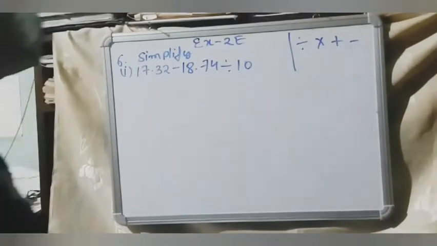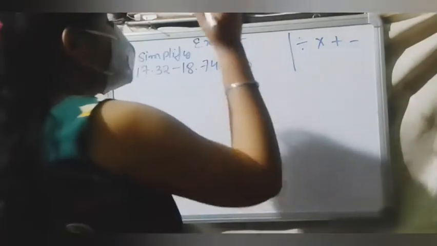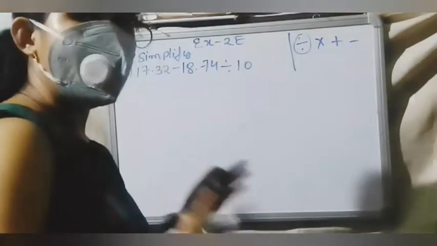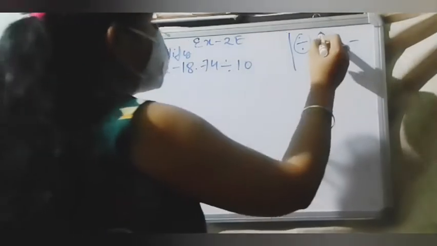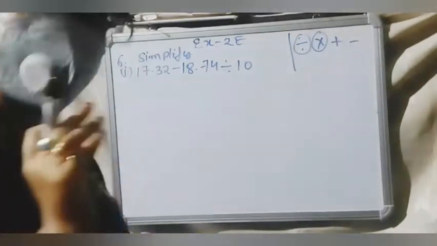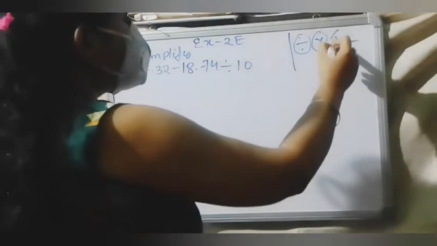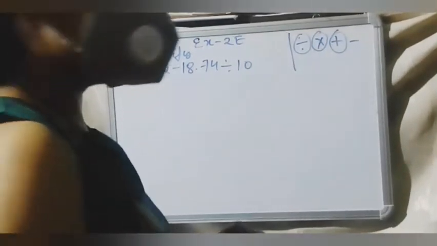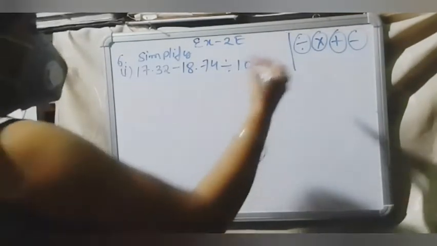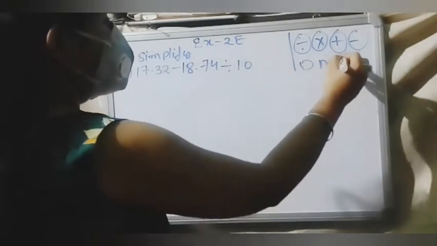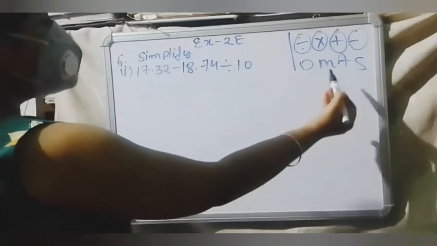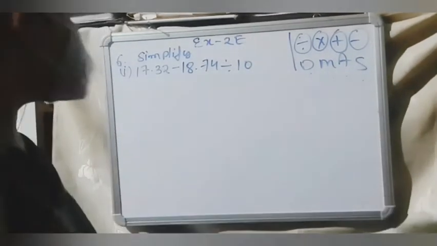In that case, you will give first preference to division. After division, you will multiply if any multiplication operation is given. After multiplication, you will do addition, and after that subtraction. Means according to the rule DMAS: division, multiplication, addition and subtraction.